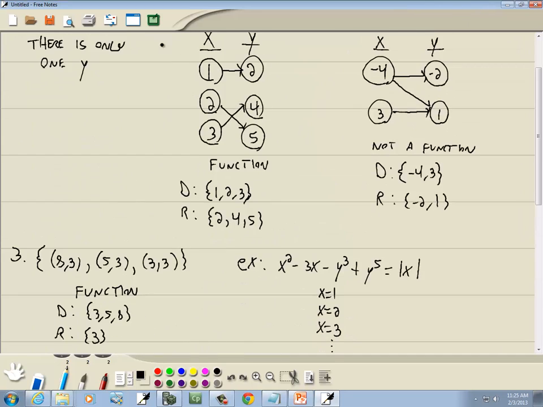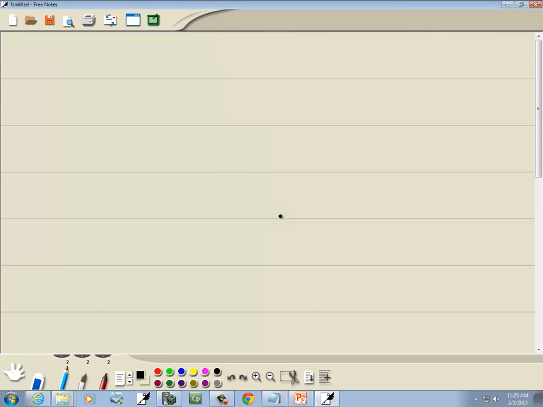Let me start a new page, and we'll work the next problem. We got another test for whether something's a function or not. It's called the vertical line test.